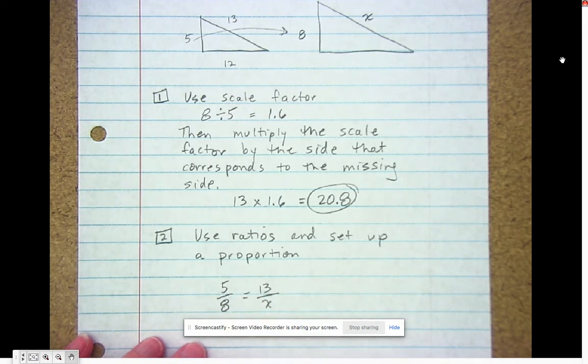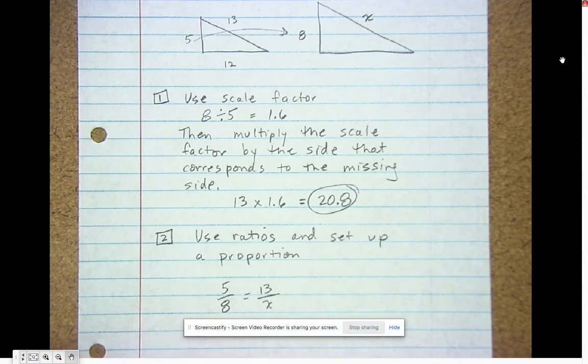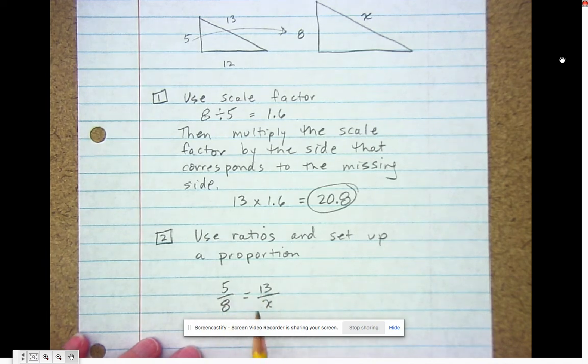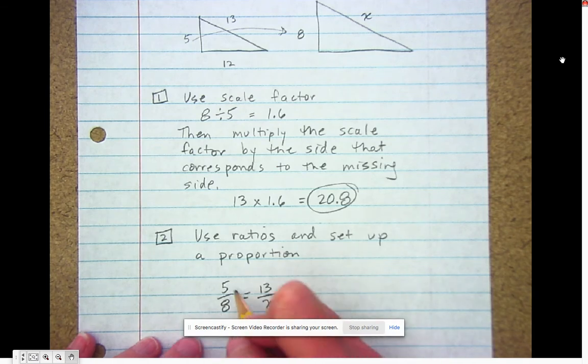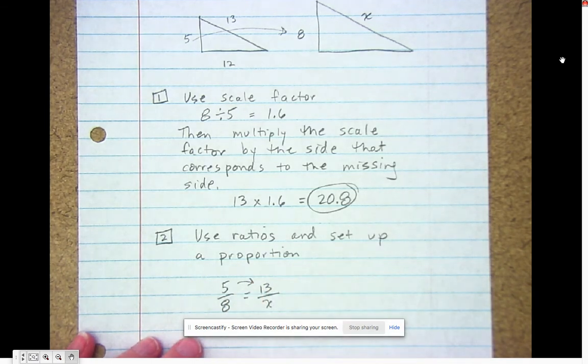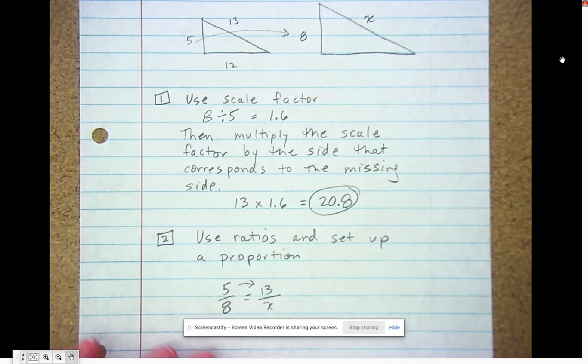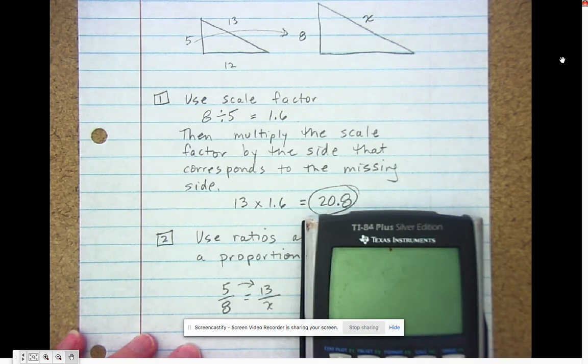Now this isn't super easy when we're thinking about equivalent fractions. It would be nice if that was a 10 because that would scale up nicely, but it's a 13. So sometimes you have to do a little figuring. What turns a 5 into a 13? Let's think about our fact families. Instead of just guessing, I can take 13 and divide it by 5, so I'd be multiplying by 2.6.